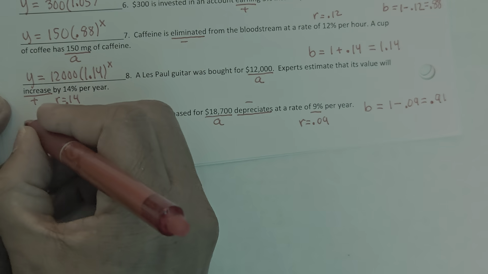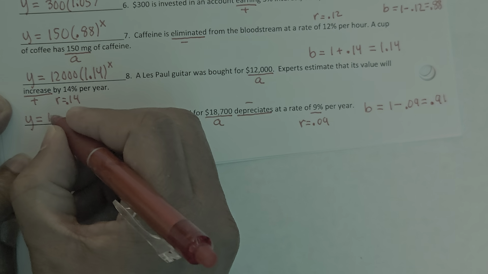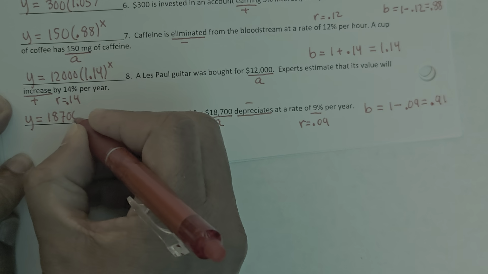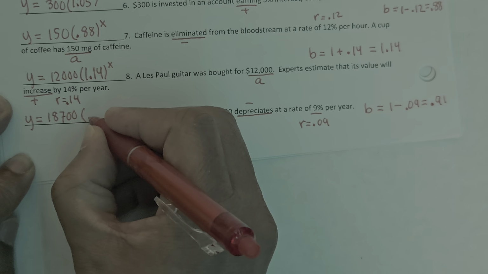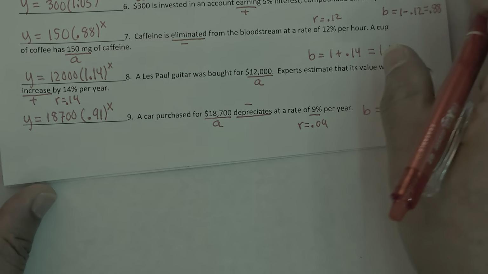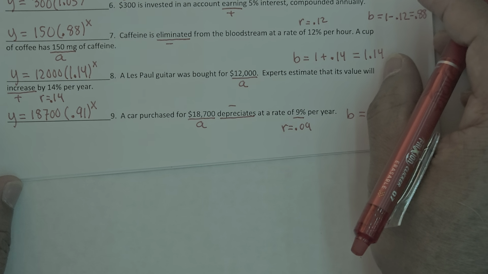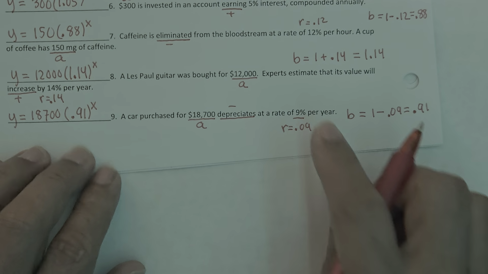Okay, so then the equation for this problem is y equals the initial amount, again, 18,700, and the b value is 0.91 raised to the power of x. So there you have examples of how to determine growth and decay. And again, just pay close attention to the words that are being used in the problem. Okay.